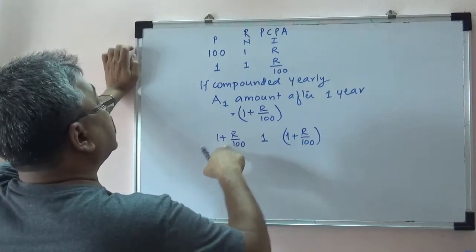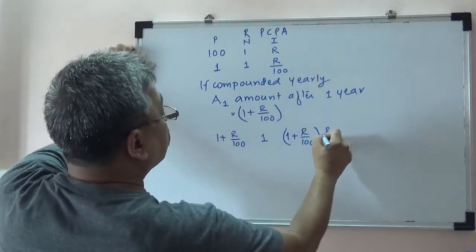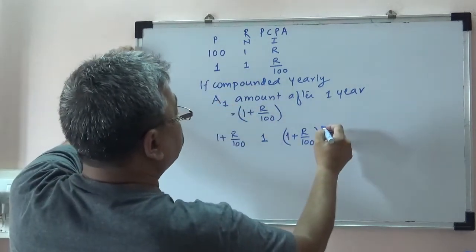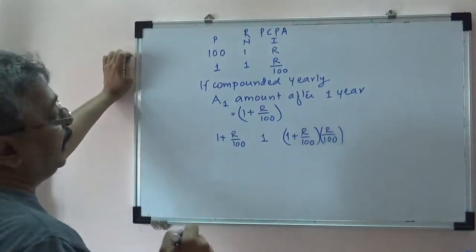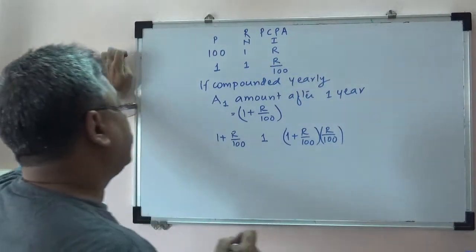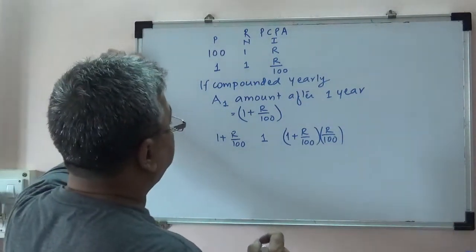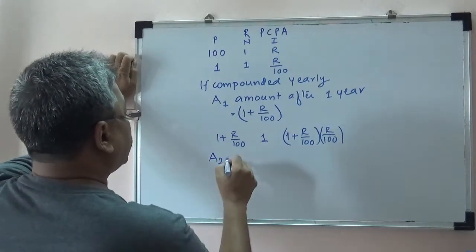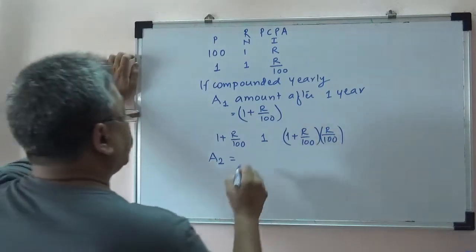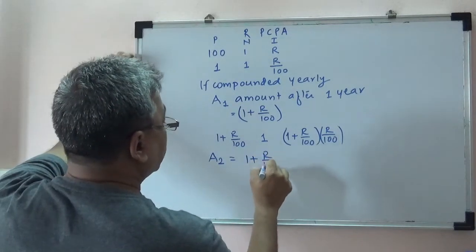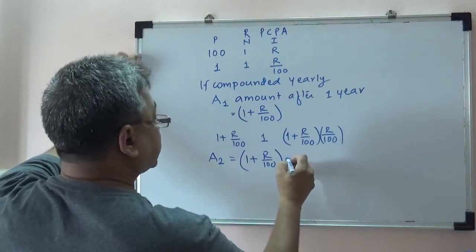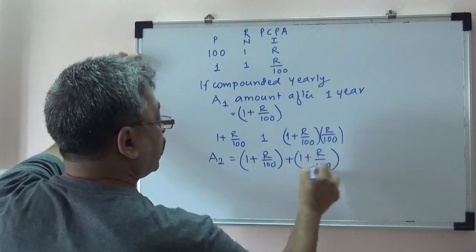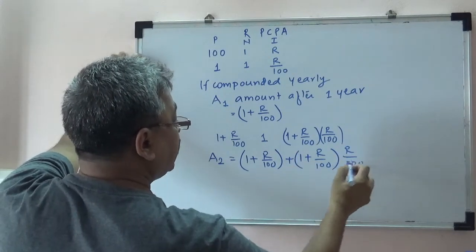By the unitary method, this into the rate of interest R upon 100 divided by 1 is going to be my interest part, and if I add this interest part to my principal, the amount after 2 years will be equal to 1 plus R upon 100 plus 1 plus R upon 100 into R upon 100. This is the interest for 1 year.